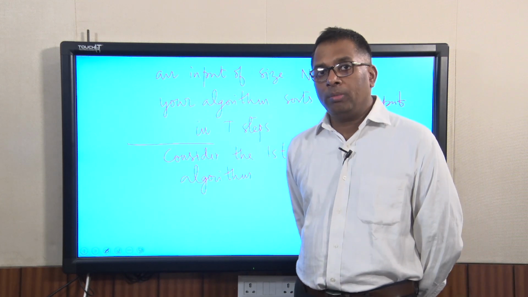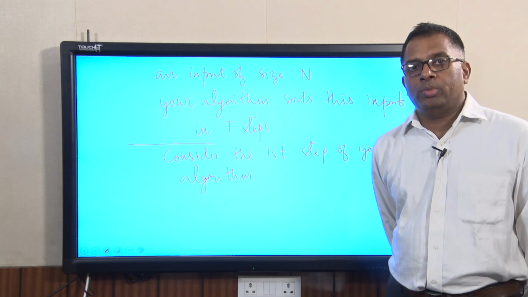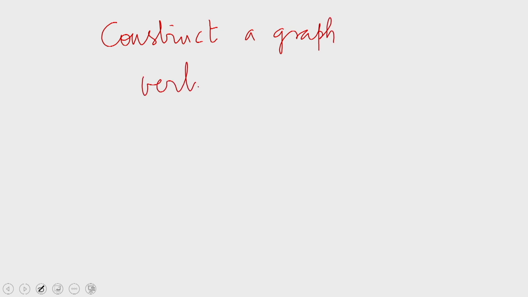Here again, whatever be the input, the comparisons that are to be performed in the first step must be hardwired into the algorithm. We construct a graph. In this graph, the vertices are the input positions.